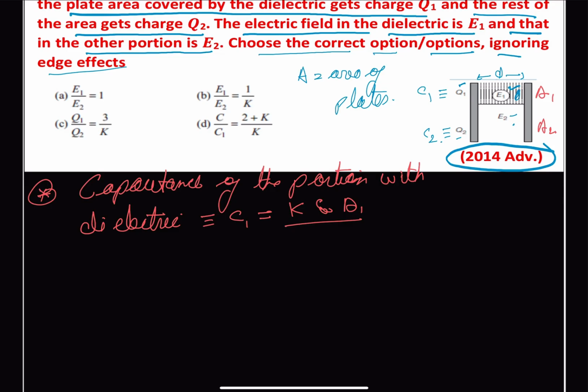A1 and D will be the same for both, and this A1 is 1/3 of the total area. So this comes as K epsilon naught A upon 3D.